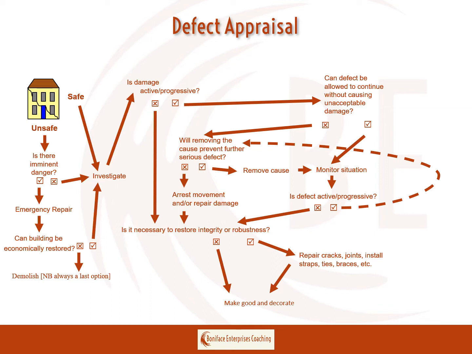However, there will be situations where there is an active and progressive problem, and we then need to ask ourselves, can it be allowed to continue without causing unacceptable damage?